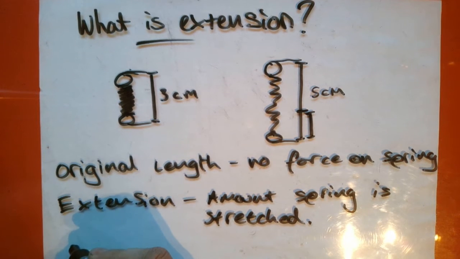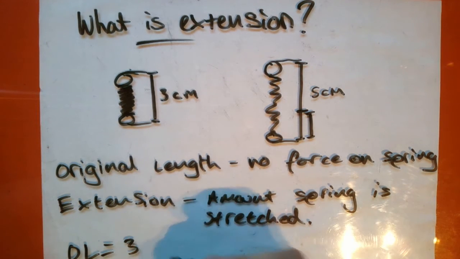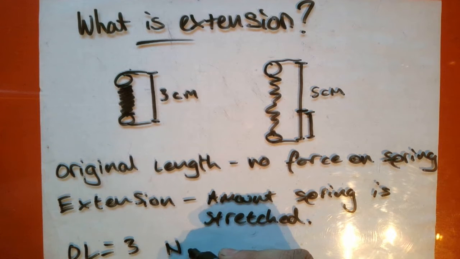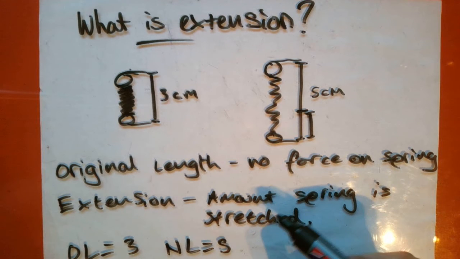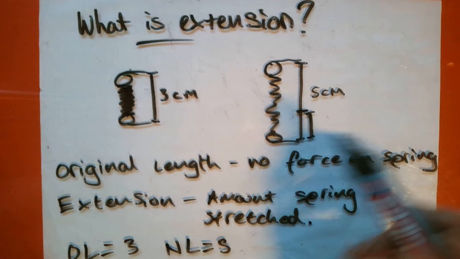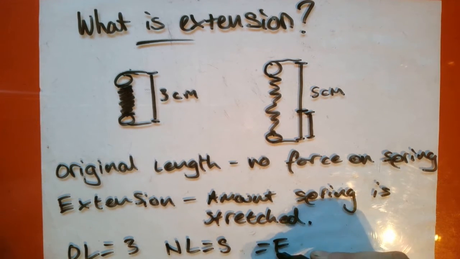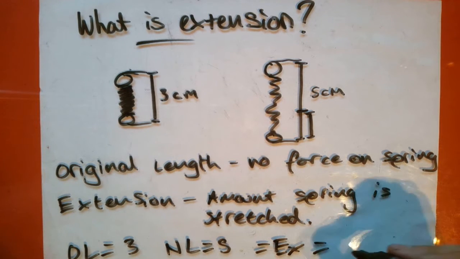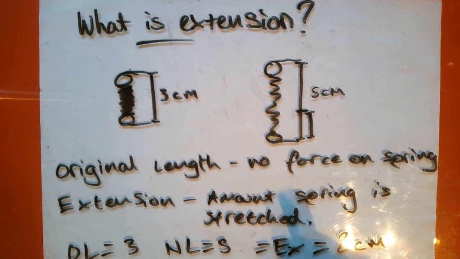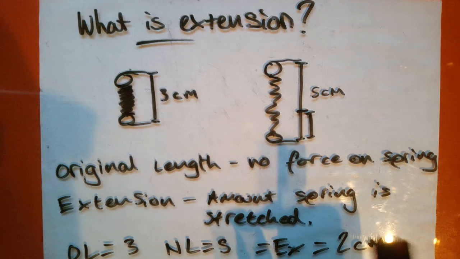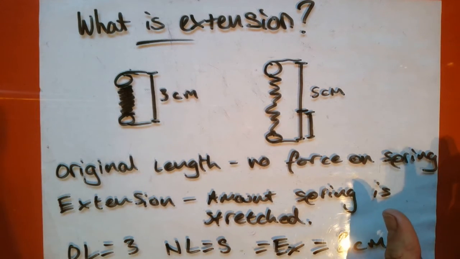So if we say original length equals 3, new length equals 5, we just take away the 3 from the 5, and we've got the extension equals 2 centimeters. So it's the amount the spring has stretched.